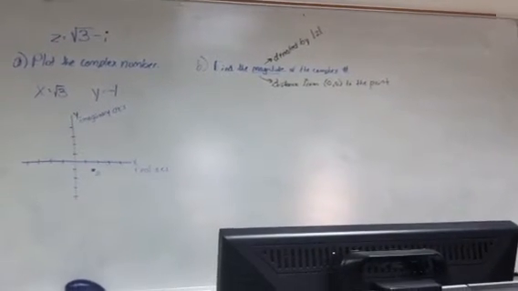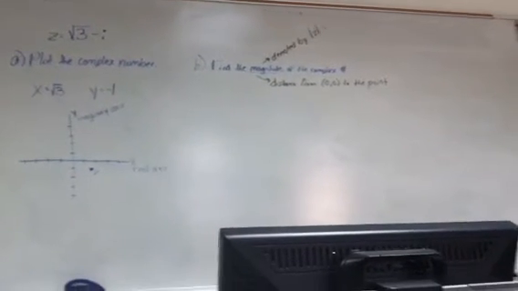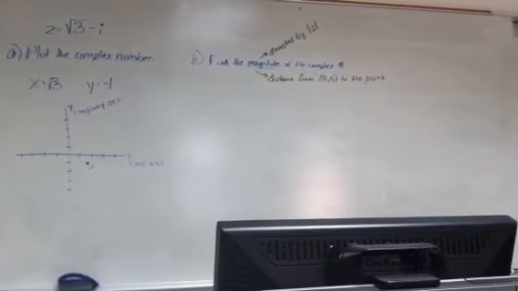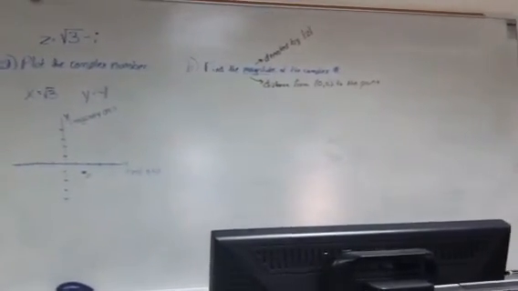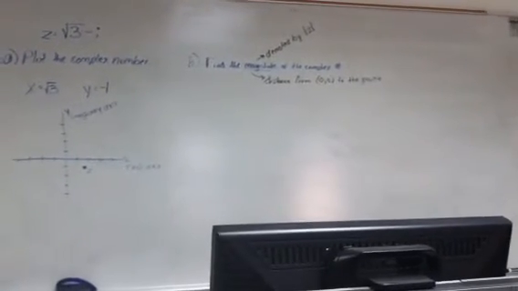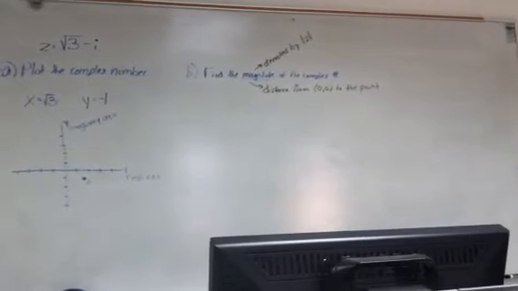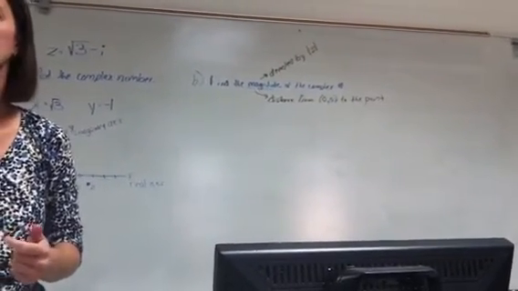Haven't we already talked about the distance from the origin to the point? R. Do you remember that when we talked about R, we said R was the distance from the origin to the point? And how did we find R? R squared equals X squared plus Y squared.